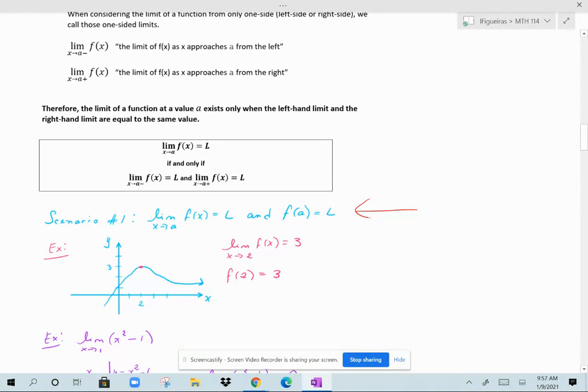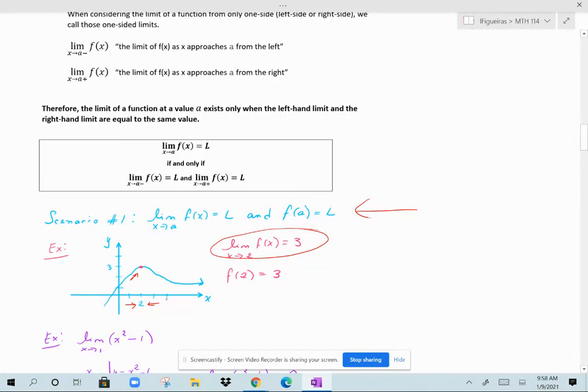So here we want to evaluate the limit of this graph as x approaches 2 of f of x. So when I get closer and closer to 2 on the left and the right side of 2, if I follow the path of the graph on the left side, it appears to be going towards this hot pink point, which has a value of 3.